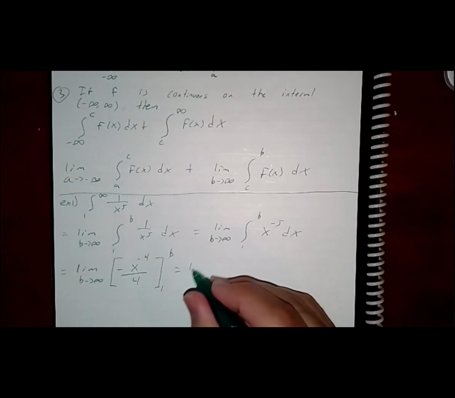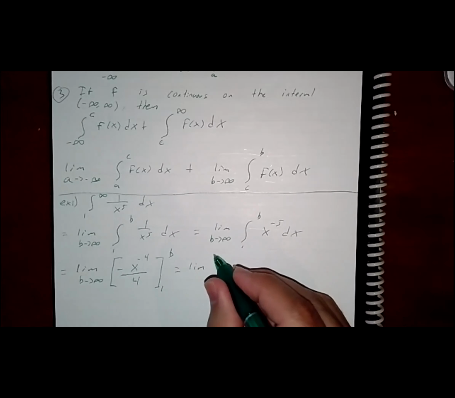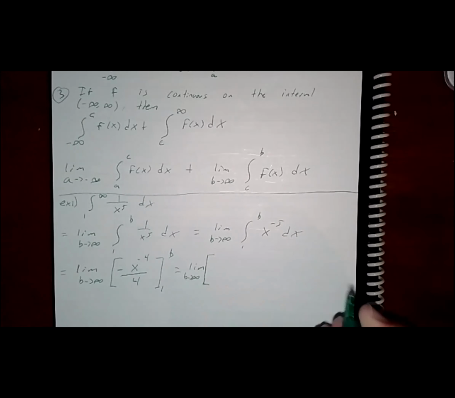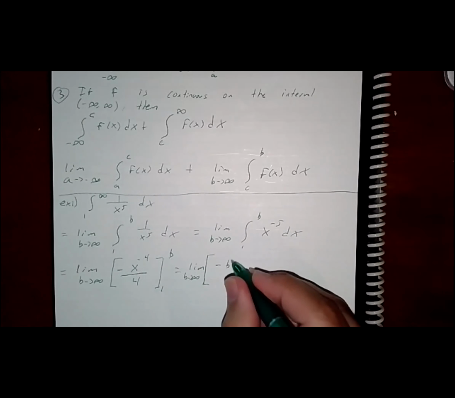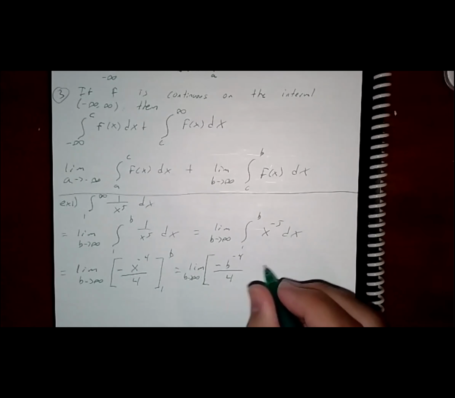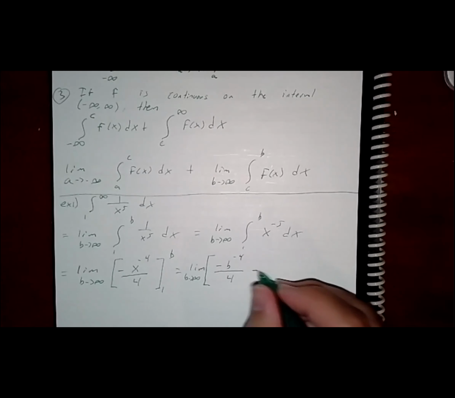So then write the limit one more time. As b approaches infinity, negative b to the -4 over 4 minus, which will be a minus minus, right?